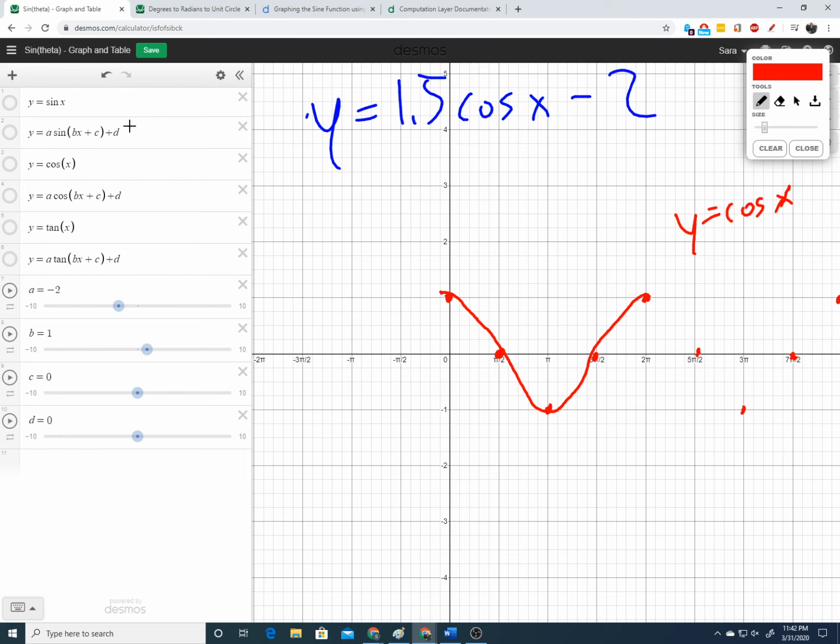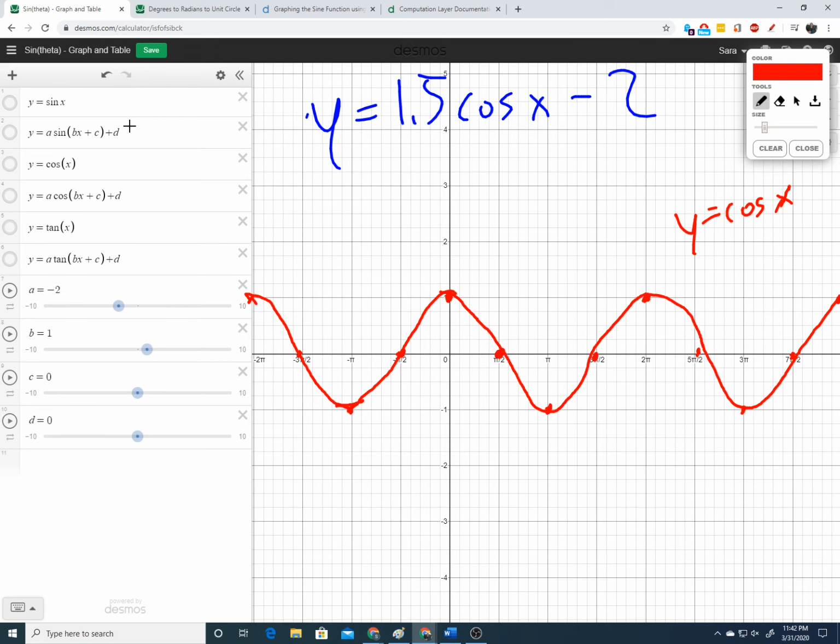Over here I have maximum, and then 0, minimum, 0, maximum. And if you draw it in, you just use Desmos to check yourself. But my goal again is that you don't spend all of your time letting Desmos do all the work, because you're not going to be able to use Desmos necessarily next year. Depends on your teacher, but if it's a college class, they will not let you.